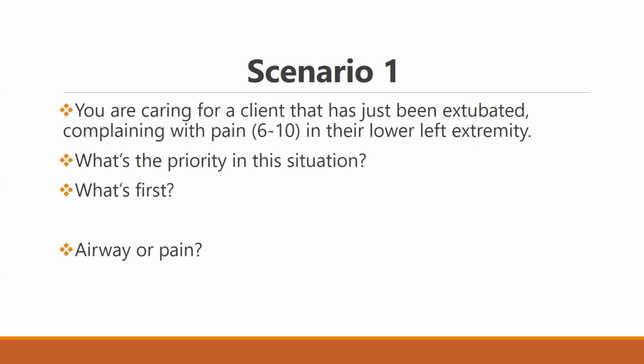So I don't really know a whole lot more other than I came in to help Susie get this patient situated because she's in another room taking care of another patient. They just extubated. The patient wants to know, can I have some pain medicine? Raspily saying, pain assessed 6/10. What's the priority in the situation? What's first? Are we talking airway we got to watch? Or are we going to treat them for pain right away?